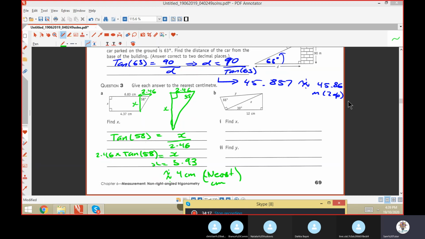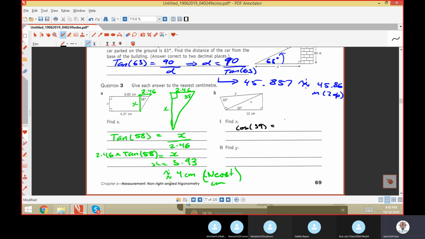Do you need help? Yep. Is the 50 degrees on top corner? Which 50? Top right. Top right.